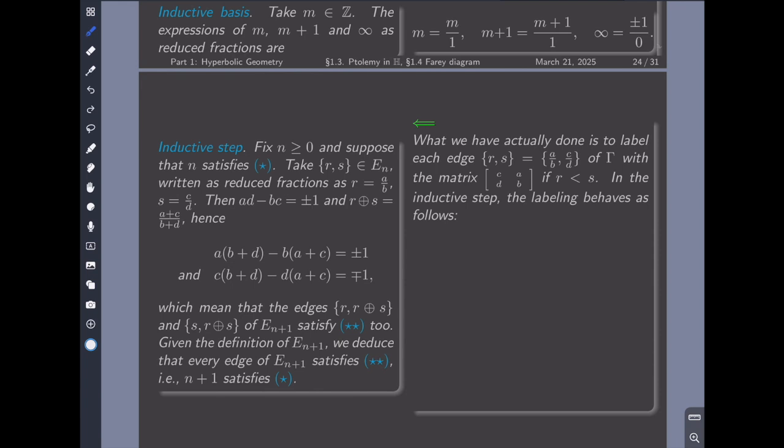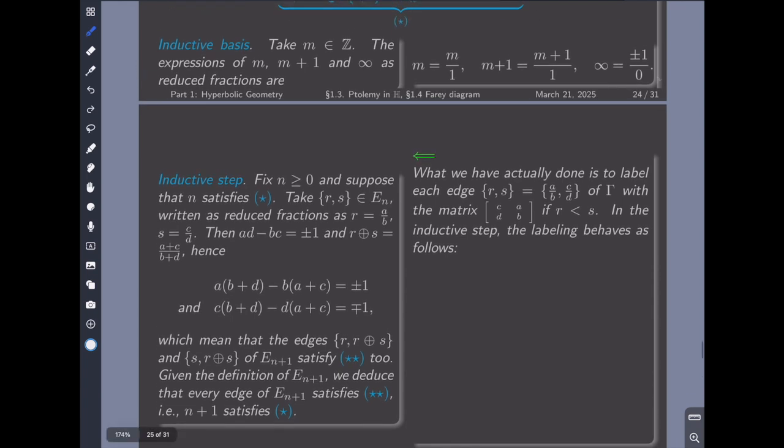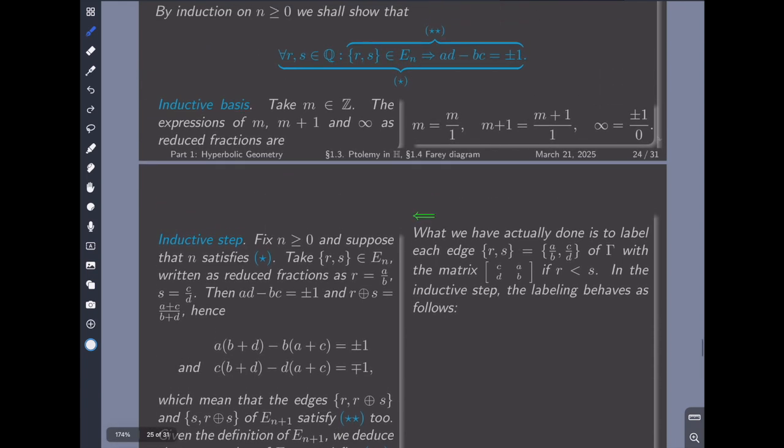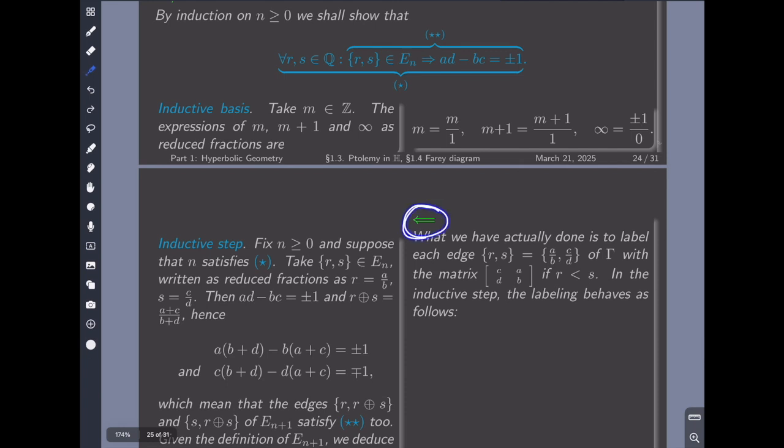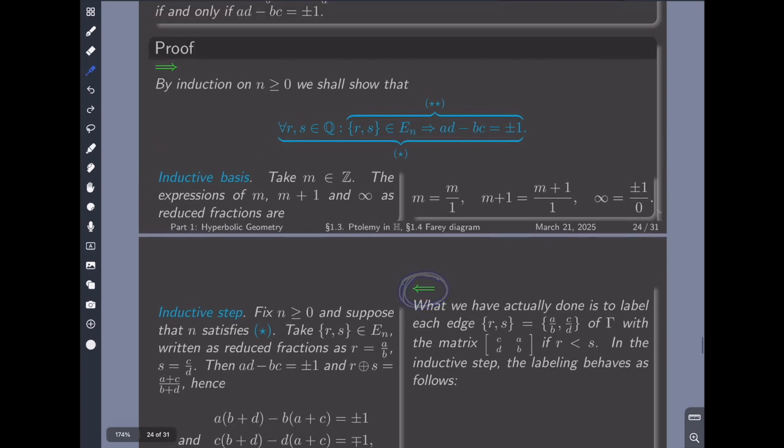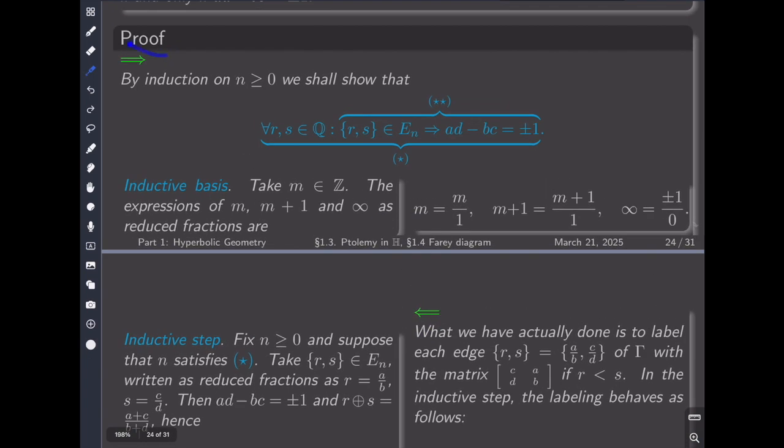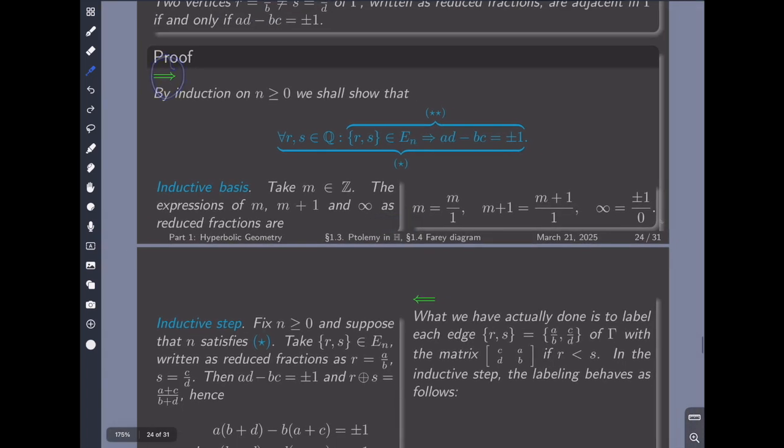We are now on the way back, but on the way in, what we did is that every edge of the Farey diagram we labeled with a matrix of which we took the determinant.